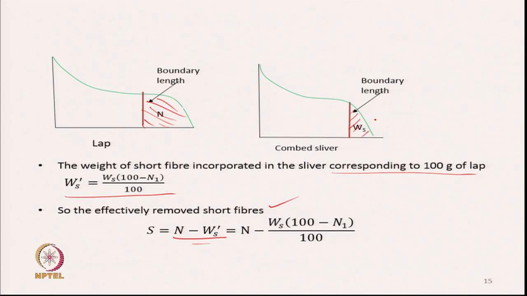Otherwise, generally people will feel N is the short fiber present in the lap, this much is still left, Ws, so N minus Ws is what we have removed, but actually the exact formula is not N minus Ws, but N minus W dash S, where W dash S I have shown here, and that gives you the effectively removed short fibers by the combing machine.